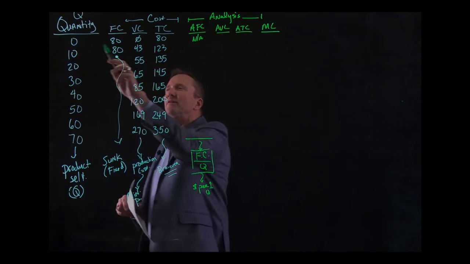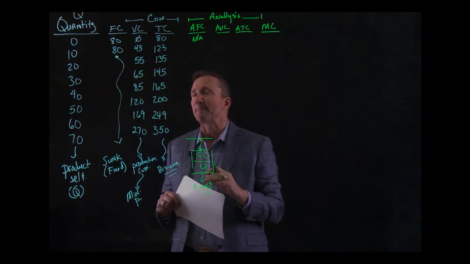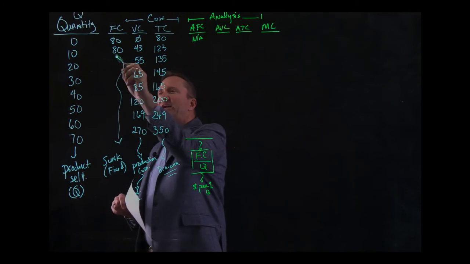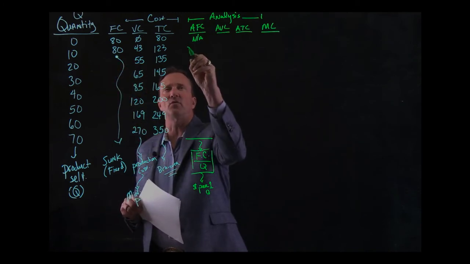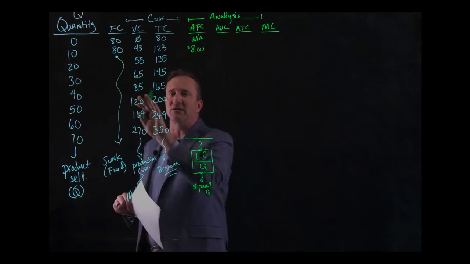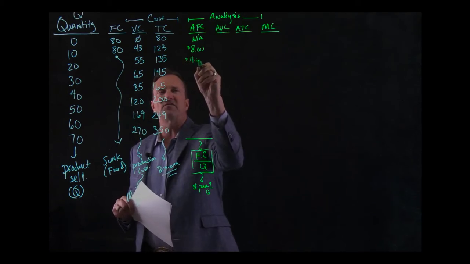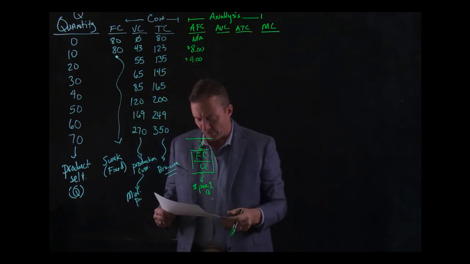Well, the first level is zero production, so I'm going to put an NA there because it really doesn't matter for that. But the next level is $80 divided by 10, so of course that is going to be 8. Now the next level, we have the same $80 because it doesn't change, divided by 20, so now that is 4, and these are in dollars, and I'm going to keep going from here.